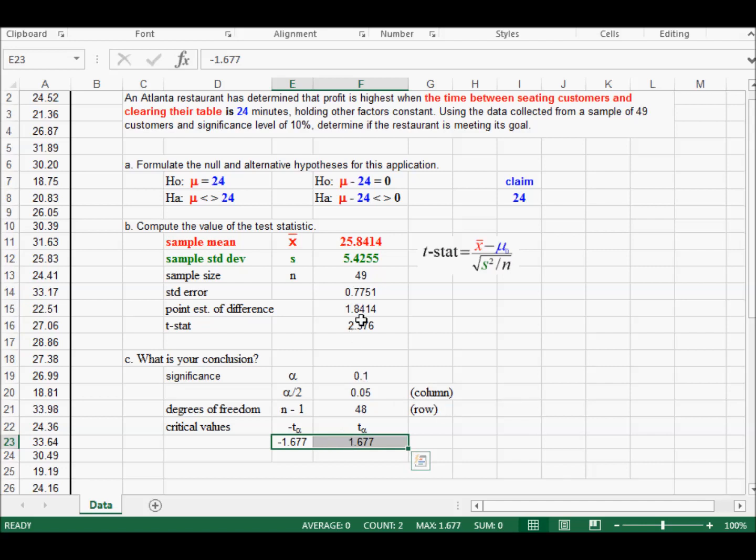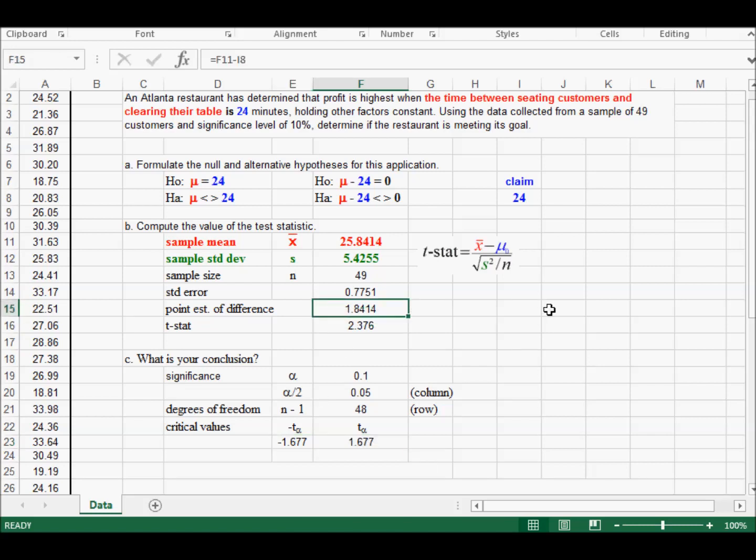However, that's not the case here. The t-stat is not in this interval. The t-stat is actually above the upper limit of that interval, which supports the alternative hypothesis.